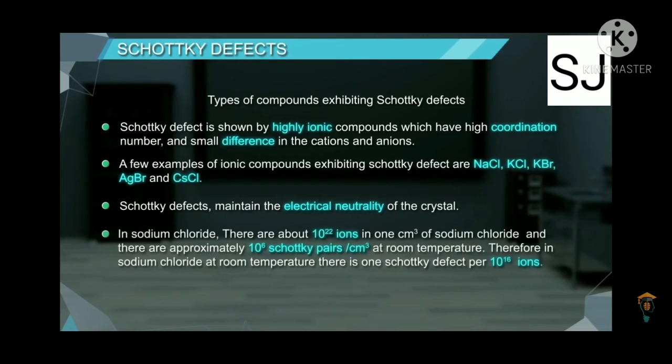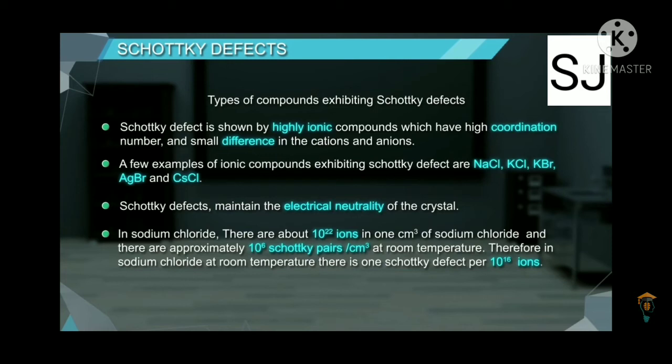For example, in the case of sodium chloride, there are about 10 raised to the power 22 ions in 1 cubic centimeter of sodium chloride, and there are approximately 10 raised to the power 6 Schottky pairs per cubic centimeter at room temperature. Therefore, at room temperature there is 1 Schottky defect per 10 raised to the power 16 ions.